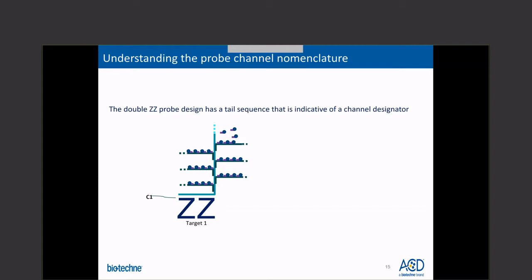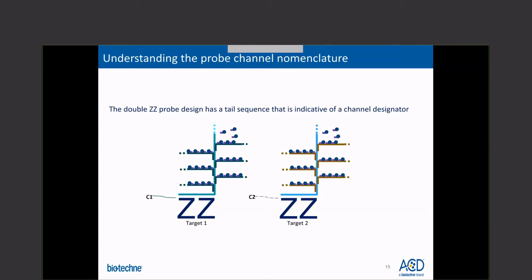For example, a C1 probe has a specific C1 tail sequence that will only allow for binding of the subsequent C1 preamplifier, amplifier, and labeled probe molecules. Similarly, a C2 probe will have a separate and unique tail sequence.